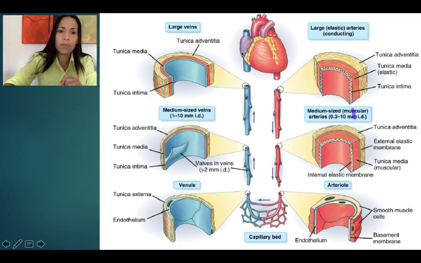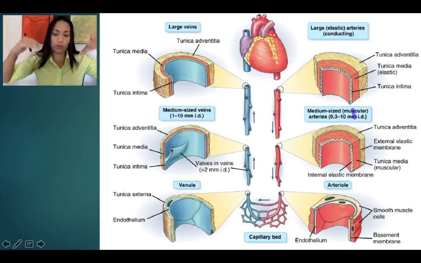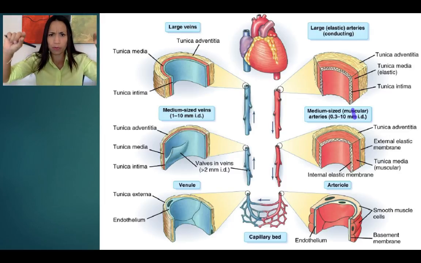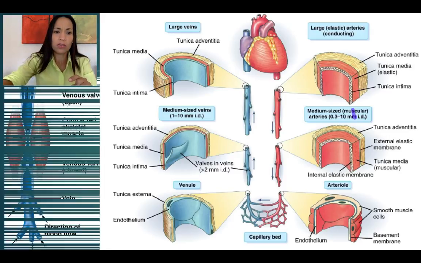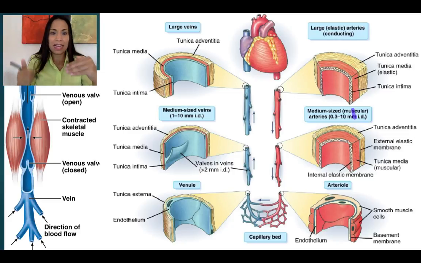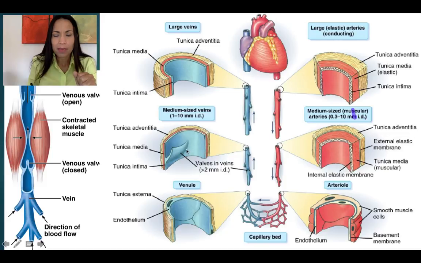One more thing to describe in here is the medium-sized vein. They have valves, which are projections formed by simple squamous epithelia from the same tissue of the endothelium, and they project inside. Why do we have valves in veins and not in the arteries? Well, arteries are a system of high pressure, right?